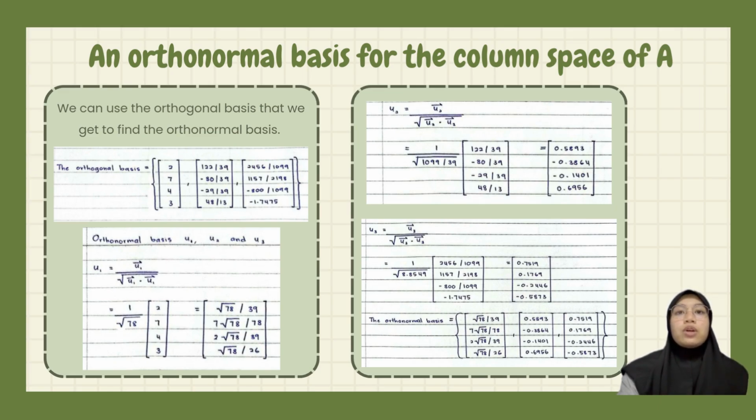As we all know, an orthogonal basis consists of vectors that are perpendicular to each other, but their lengths are not necessarily equal to 1. Meanwhile, an orthonormal basis is obtained by normalizing each orthogonal vector so that every vector has unit length. Therefore, to obtain an orthonormal basis, we do not change the direction of the vectors. We only adjust their magnitudes.